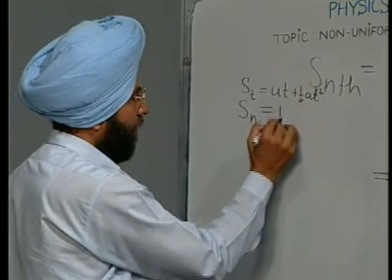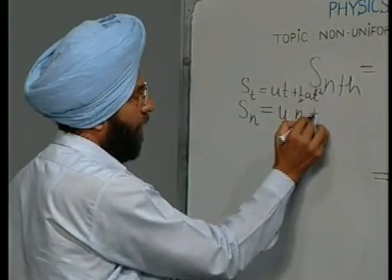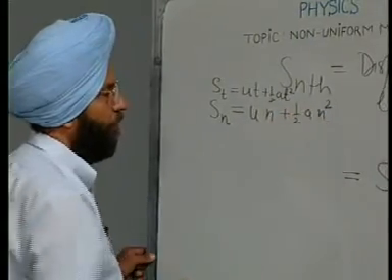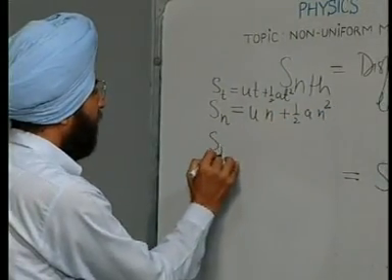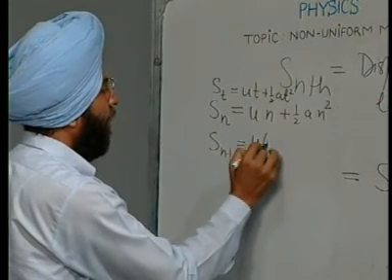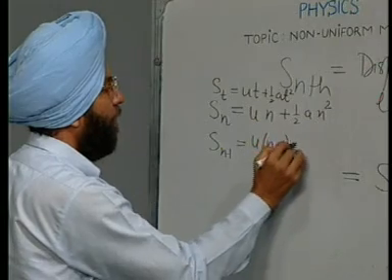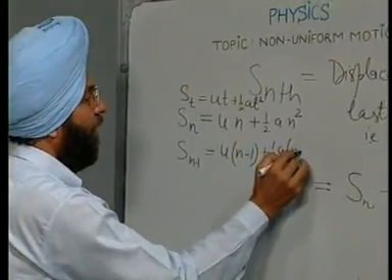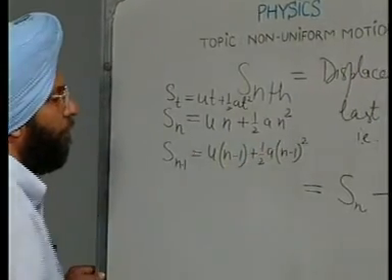So, S n is equal to u n plus half a n square, and S n minus 1 is equal to u into n minus 1 plus half a into n minus 1 whole square.